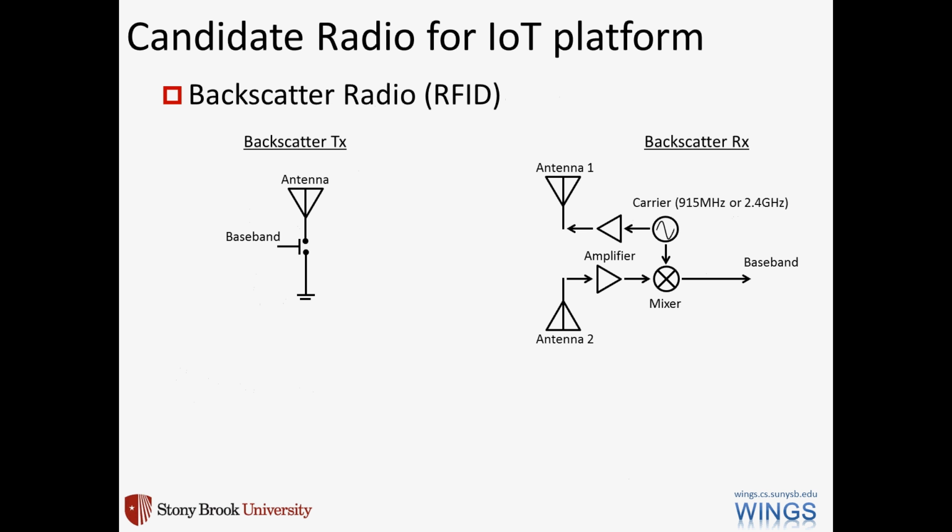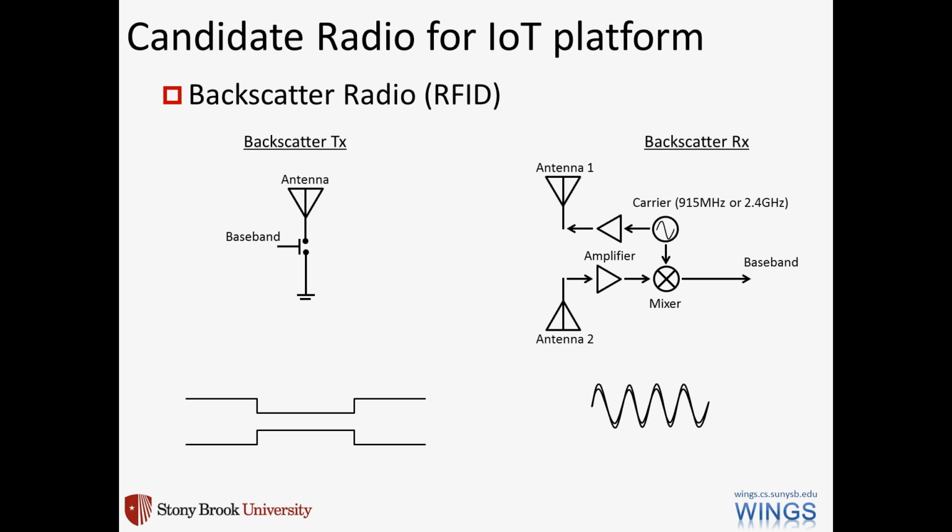Let's take a look at another platform for future IoT platforms. This is Backscatter Radio, which is commonly used in RFID. It consists of a backscatter transmitter and a backscatter receiver. The backscatter receiver provides a carrier, and the transmitter of the backscatter can ride on that existing carrier.